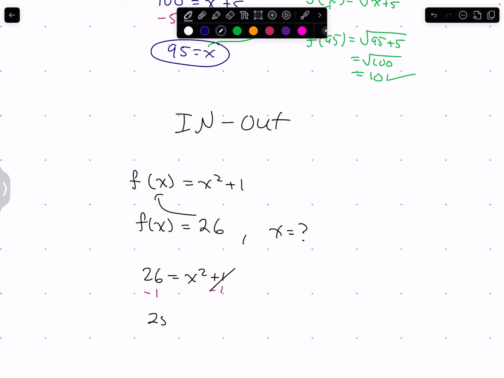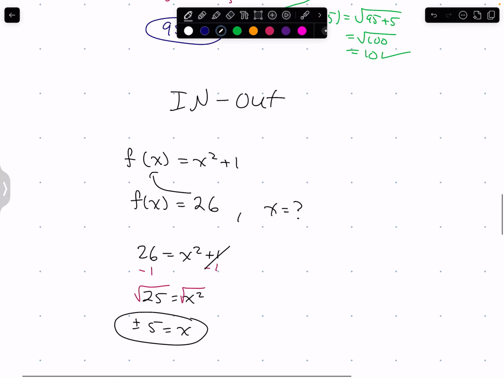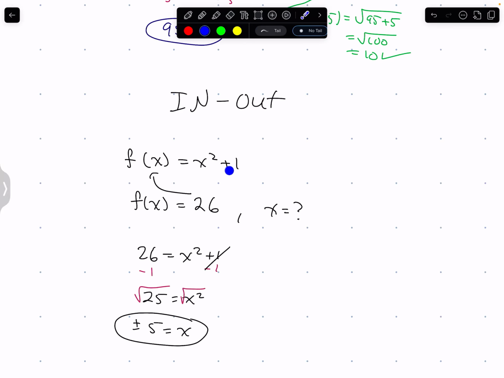And you have 25 is equal to x squared, and then you have to undo the square by square rooting both sides, and you get plus or minus 5 to be x here. So don't forget about the algebra steps of solving to isolate x on one side of the equation.